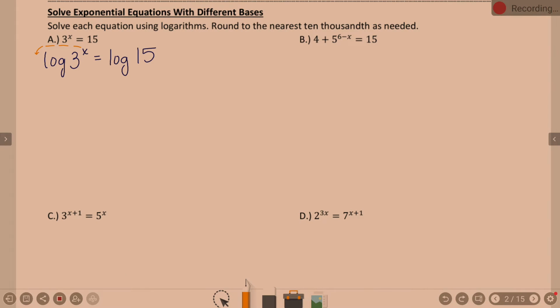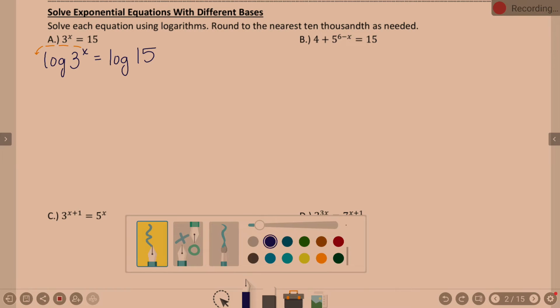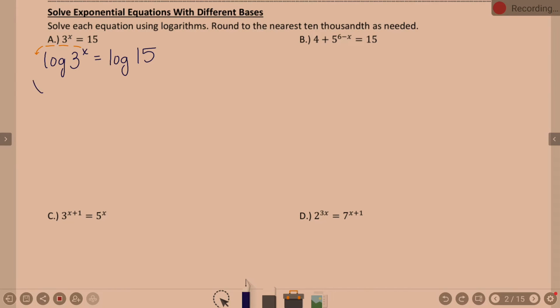So log of 3 to the x can be rewritten as x times log of 3 equals log of 15. Okay. How do I solve for x then, do you think?